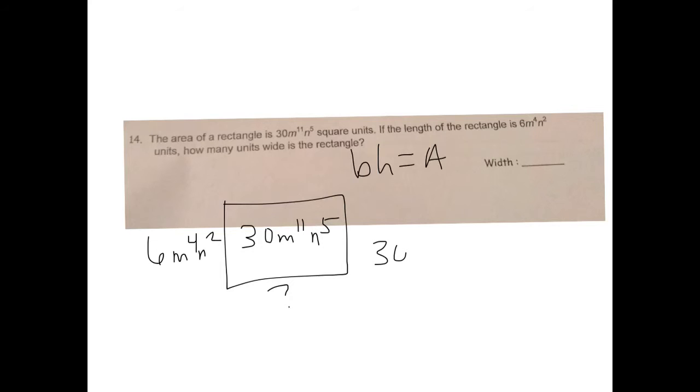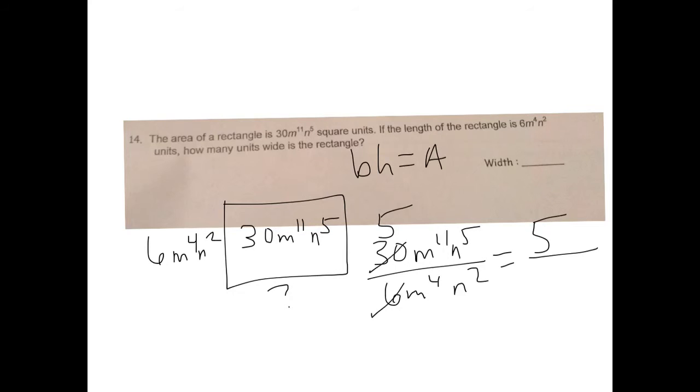So this is just a division problem. m^11n^5 over 6m^4n^2. 6 divides into 30 and leaves us with 5. So we have 5 on top. 4 goes in here. 11 minus 4 is 7. 2 goes into here. 5 minus 2 is 3. So 5m^7n^3.